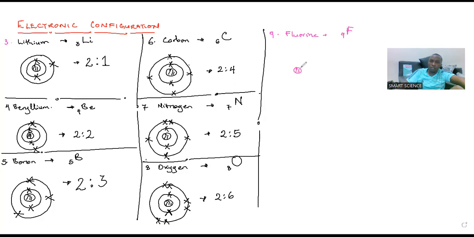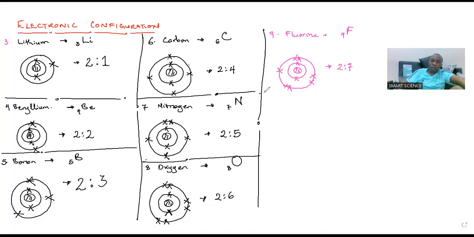Therefore, when we draw its structure, first energy level has 2 electrons. On the 9, if you subtract off 2, you remain with 7. So we shall put 7 electrons on the outermost shell, and its electron configuration will become 2, 7.